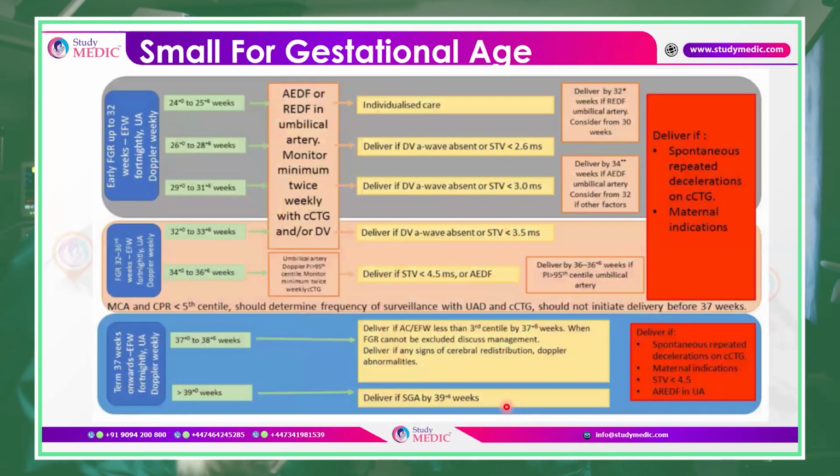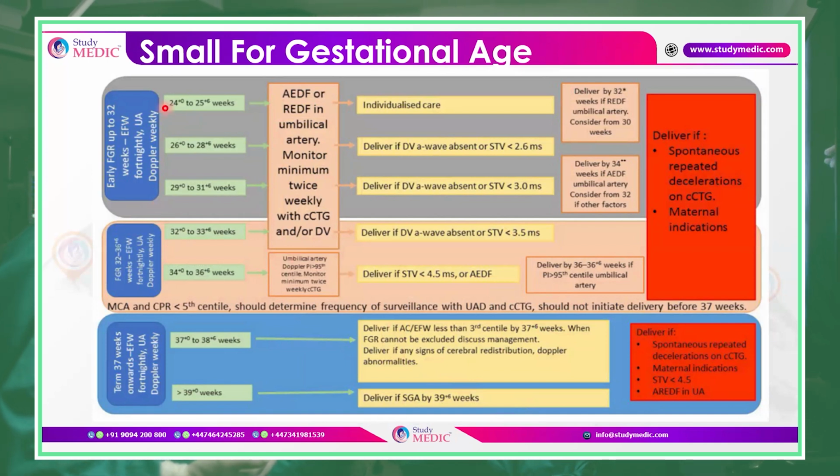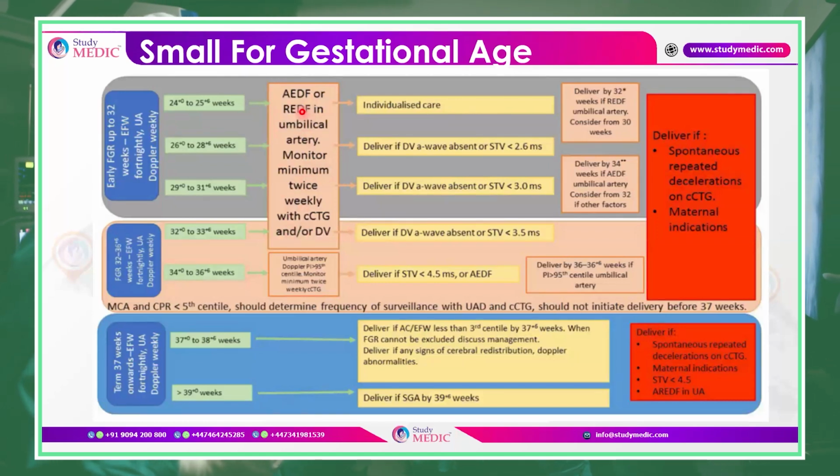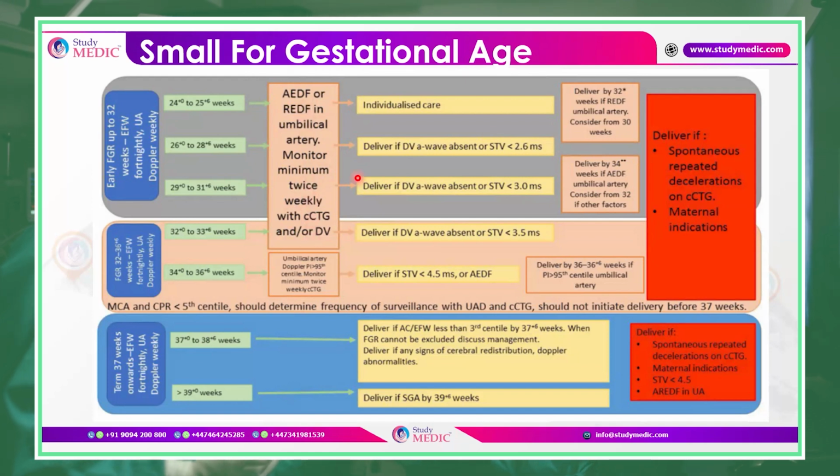Then there comes early FGR and how to go about monitoring. As we discussed, we will keep in mind the gestational age. If it is 24 to 25 plus 6, we will see what the situation is on the Doppler, the ductus venosus Doppler and CTG, and the care plan would be individualized care.